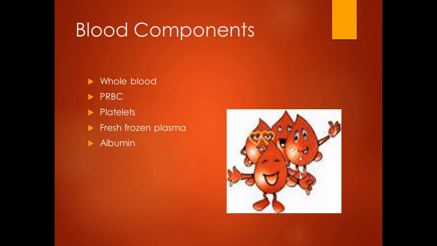Most common blood transfusions are allogenic or homologous, basically meaning that a person donated it to be transfused to another person. So every time blood is sent to the blood bank and ordered, there are so many steps that come into play to make sure that the donor's blood is compatible with the recipient's blood.